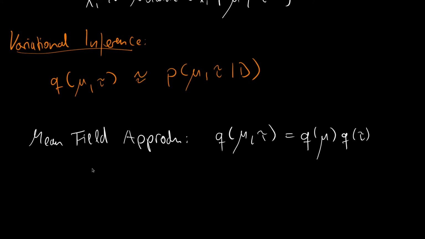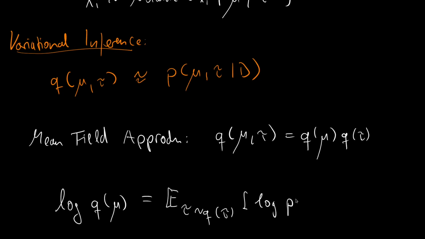And recall, the update equation was that the logarithm of q of mu is the expectation over all the other latent variables, and in our case we only have one more, which is tau, distributed according to q of tau, over the log joint of p of mu, tau, and the data.